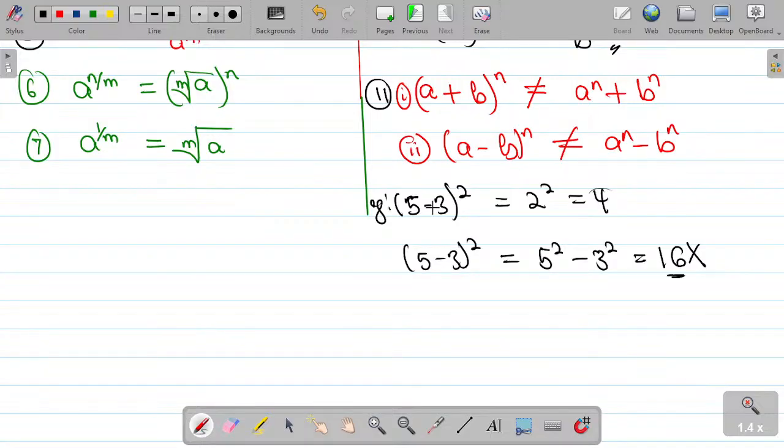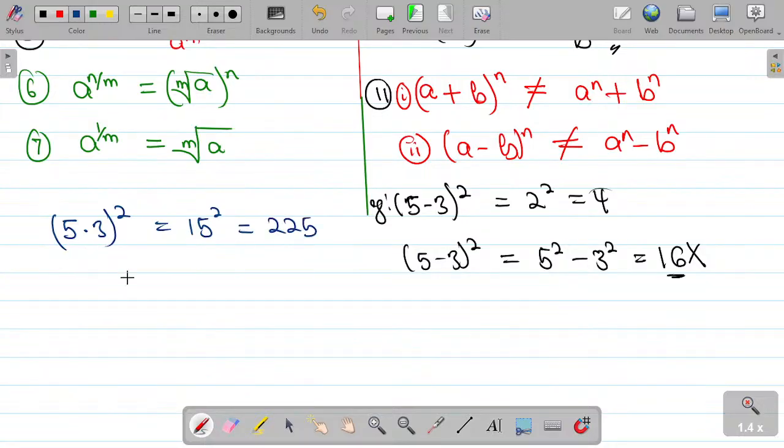So that's why it's important to know that power over addition and subtraction is not distributive, but it is distributive over multiplication and division. Look at the one of multiplication. Assume that you have (5 × 3)^2. If we multiply this out, that's going to be 15^2, which is equal to 225.